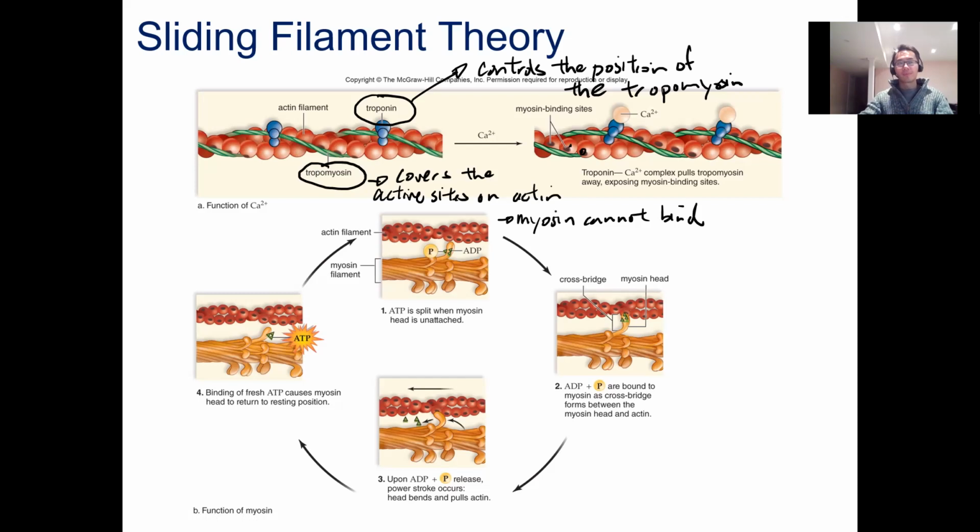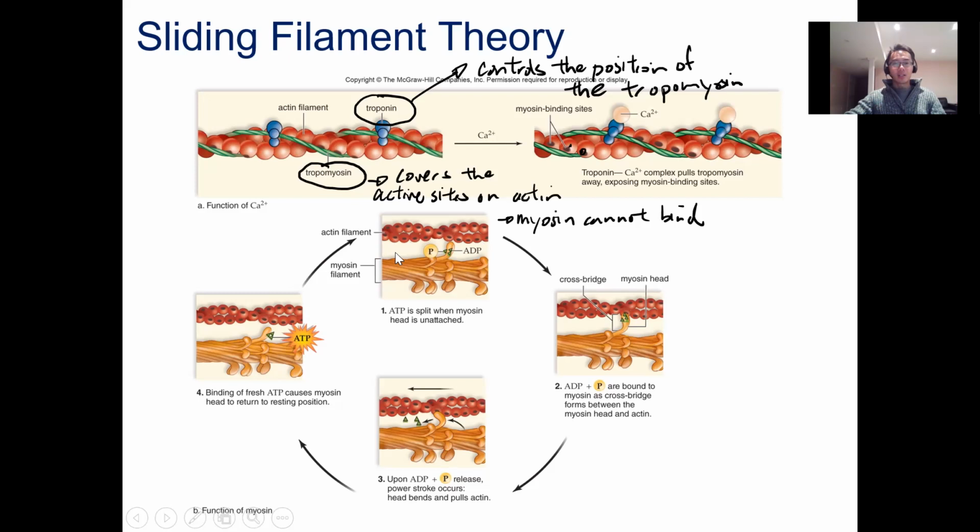So no contraction. But when the action potential comes, when the signal spreads throughout the T tubules and the sarcoplasmic reticulum, the calcium will be released from the sarcoplasmic reticulum. Once the calcium is released, it will bind to the troponin, which would then roll away the tropomyosin. By rolling away the tropomyosin, you expose the binding site, which would then allow the myosin to grab on.